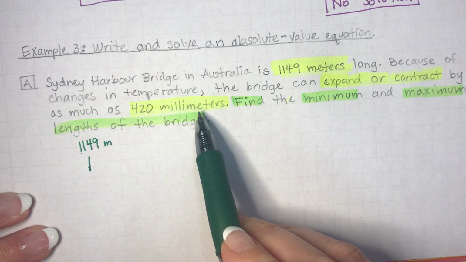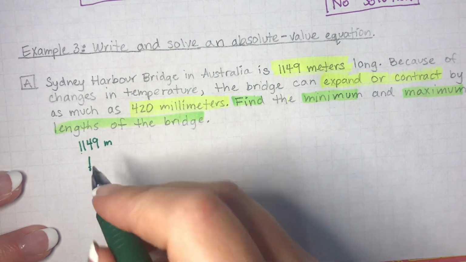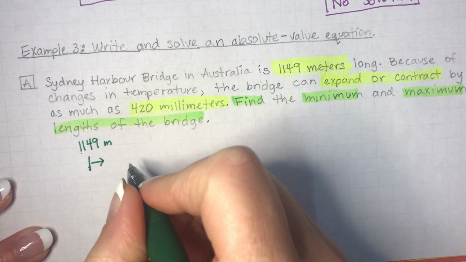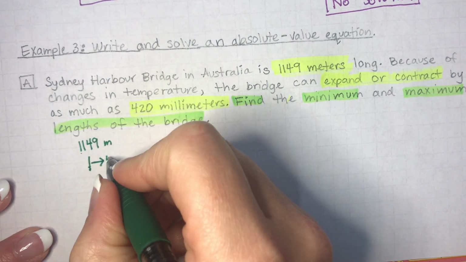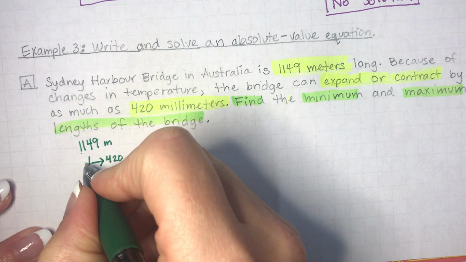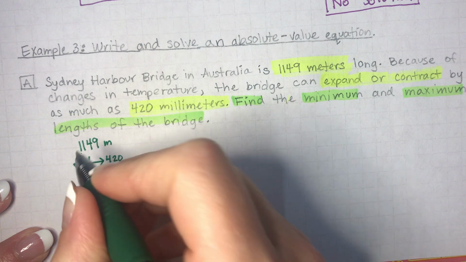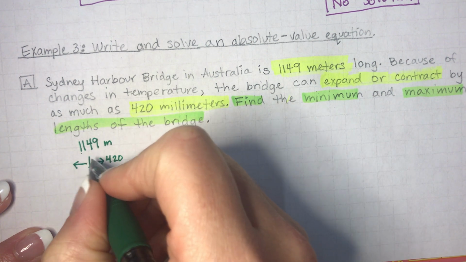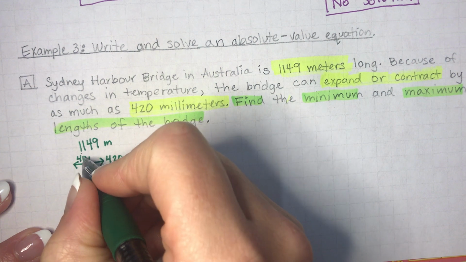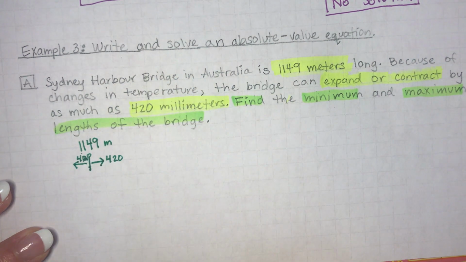Okay, what this says is it expands and contracts, which means it goes 420 millimeters this way and goes 420 millimeters that way.